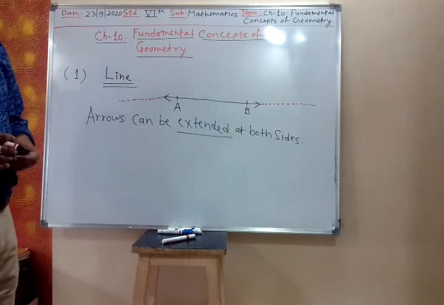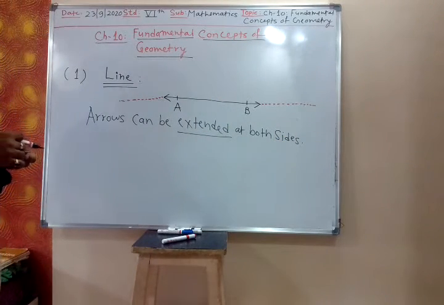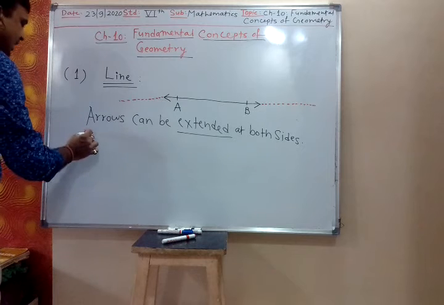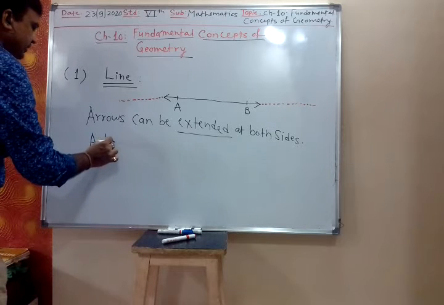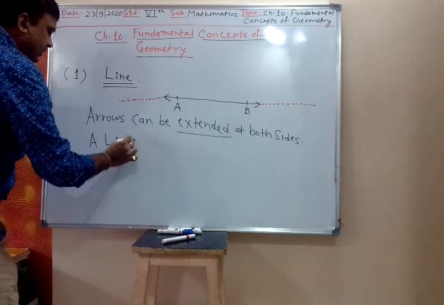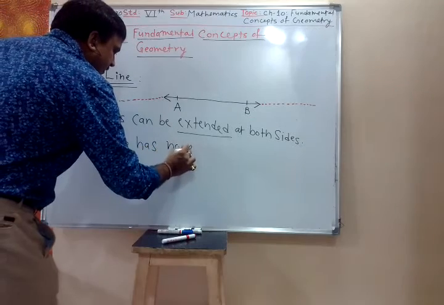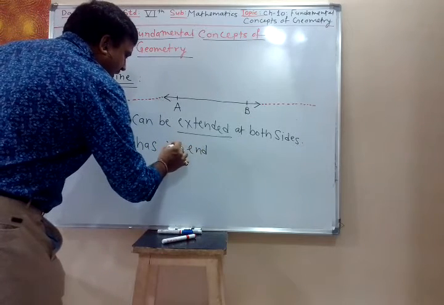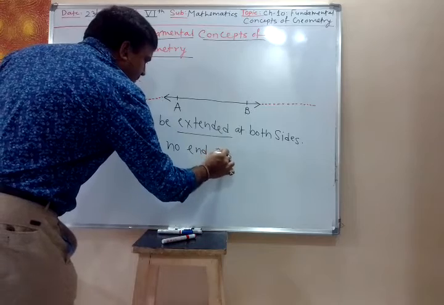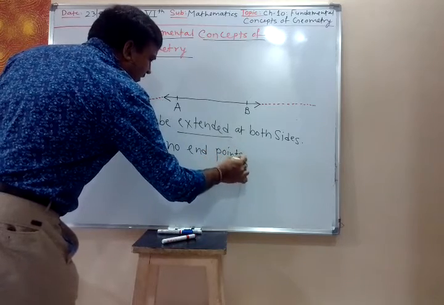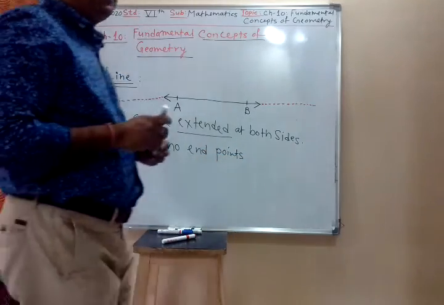So a line has no end points. Whenever there is an arrow, it means it can be extended further.